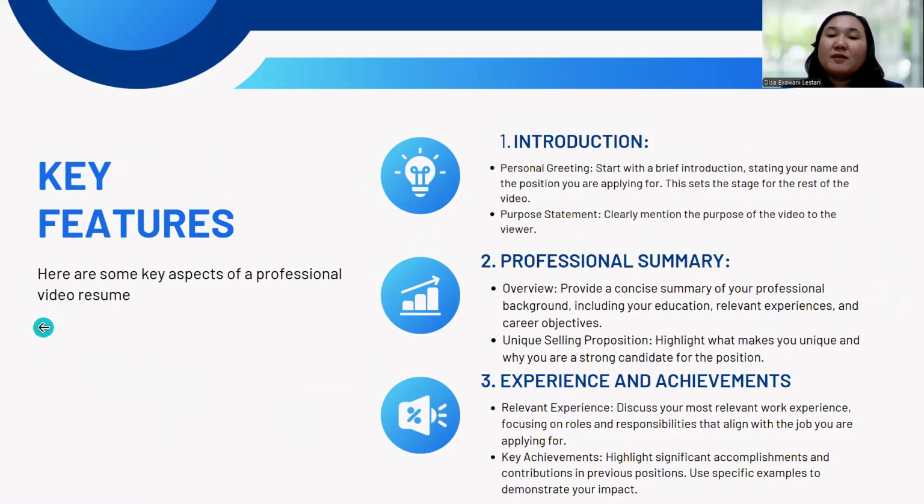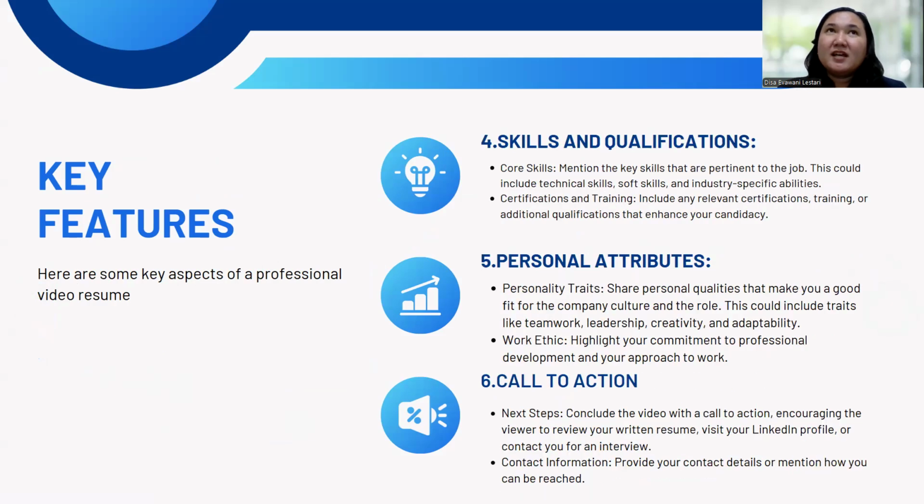So when you talk about your organizational experiences, for example, you talk about your contribution there, right? It means that you talk about the skills you implemented or the qualifications with also the personal attributes. Okay, how you accomplish that project, maybe with leadership skills or with creativity or with adaptability.